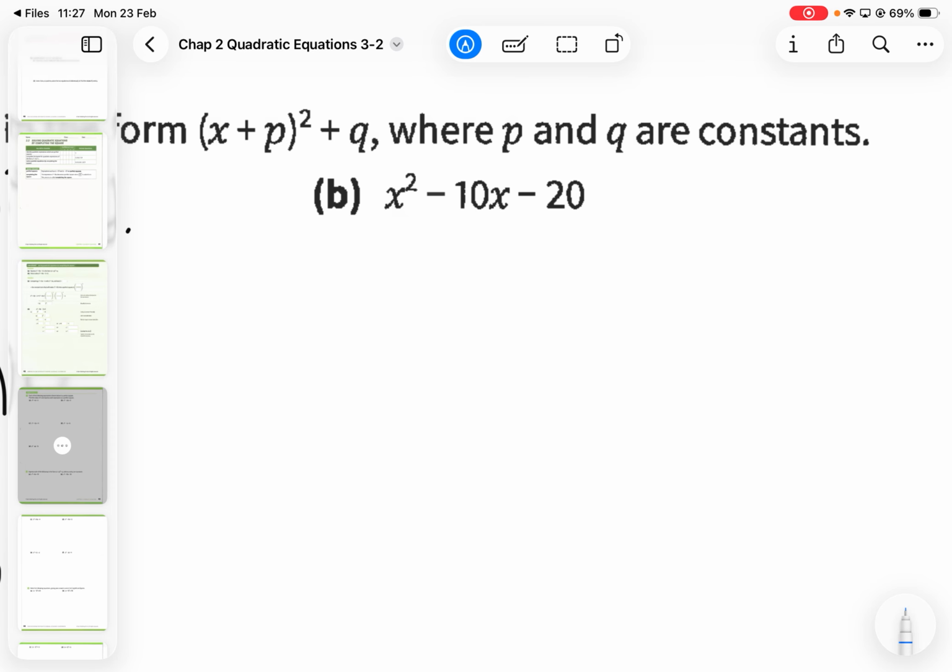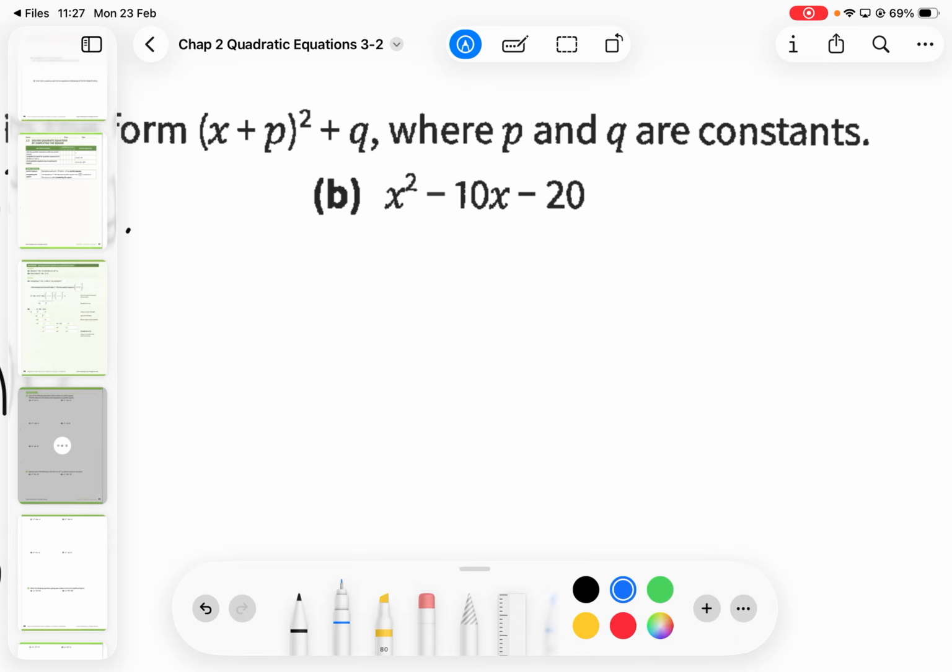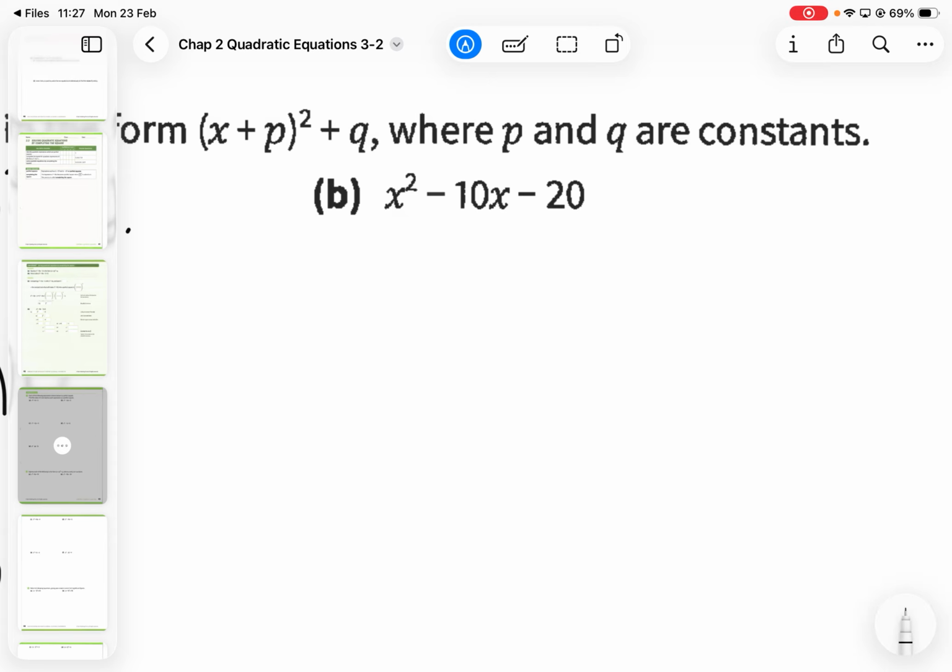I'll show you one more time. I want to write this in the completed square form. I straight away write equals. I straight away write my bracket with the square. I straight away write my x here. The number in front of x is minus 10, so I straight away take minus 10 divided by 2.